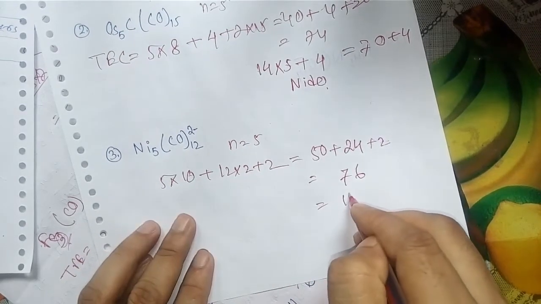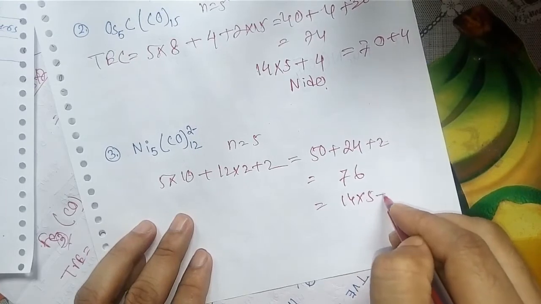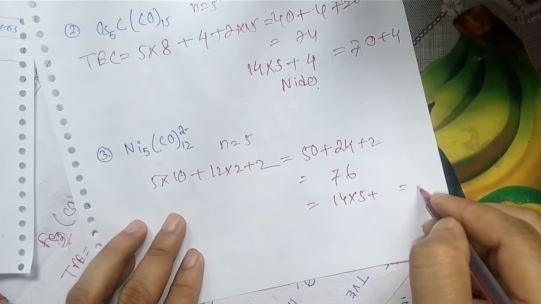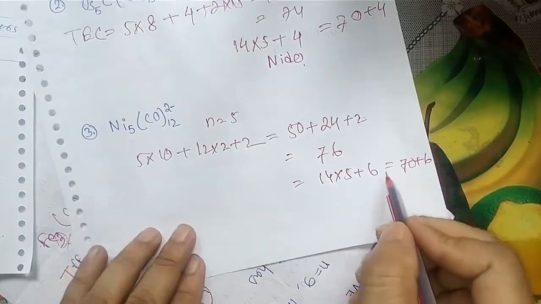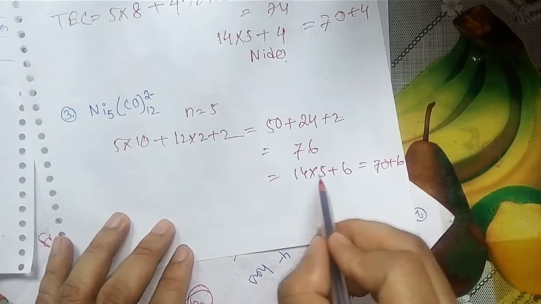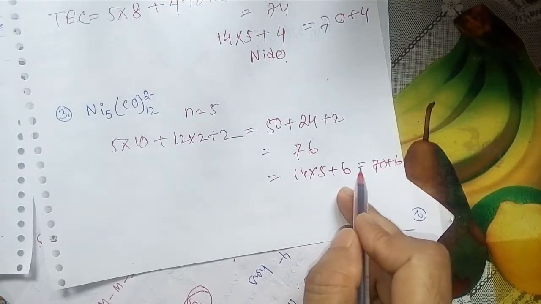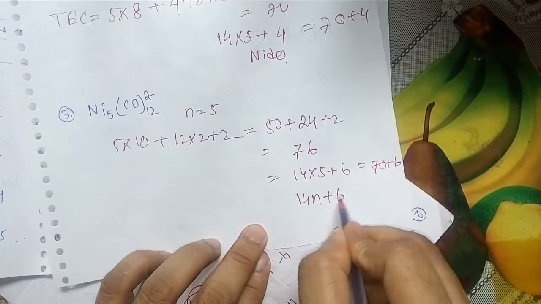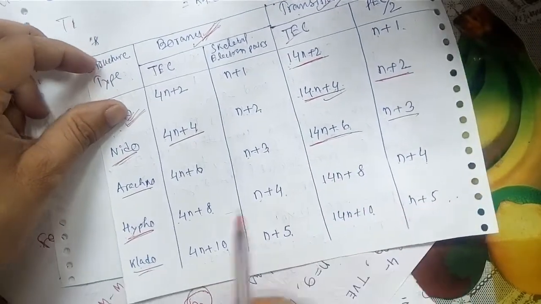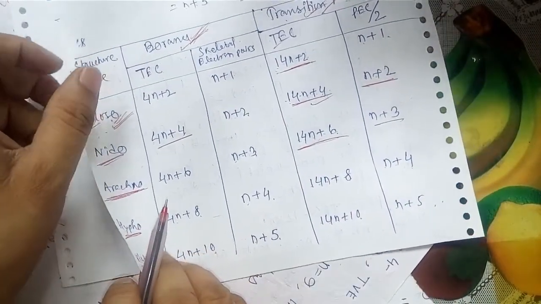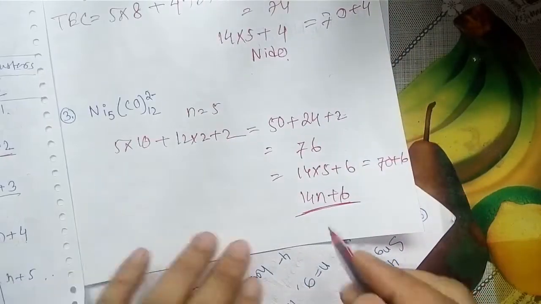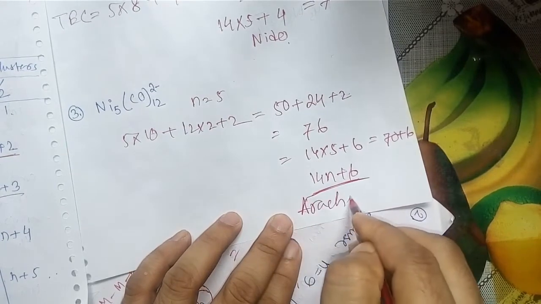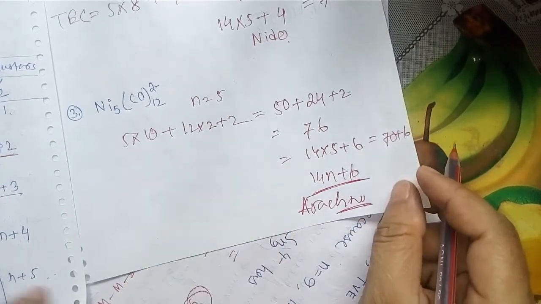Now 14 into 5 is 70, and 6 is needed, 70 plus 6 is 76. So which formula applies? 14n plus 6, that is arachno. This structure is an arachno metal cluster.